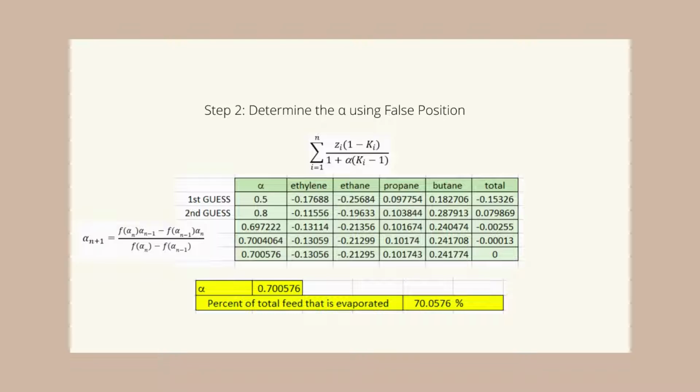The values of Ki calculated in the previous slide are used in the equation. Both initial guesses of alpha are used in the vapor balance equation. The next alpha, or alpha n plus 1, is calculated by using the equation shown beside the table. The iteration continues until the function of alpha equals 0. Thus, it is calculated that alpha, or the vapor to feed ratio, is 0.7006, and the percentage of the total feed evaporated is 70.006%.